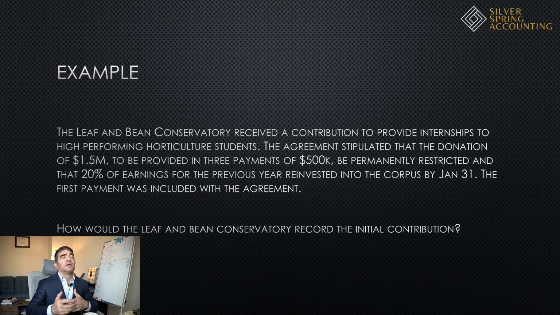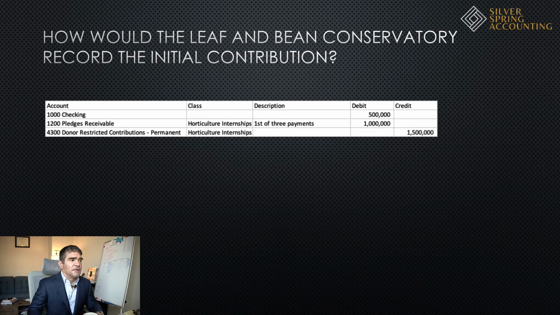So how would we record the initial contribution? Well, we are of course going to record the cash as a debit. Then for pledges receivable, we're going to record the remaining receivable of $1 million, and we're going to record that into donor restricted contributions permanent, which is a contribution account.